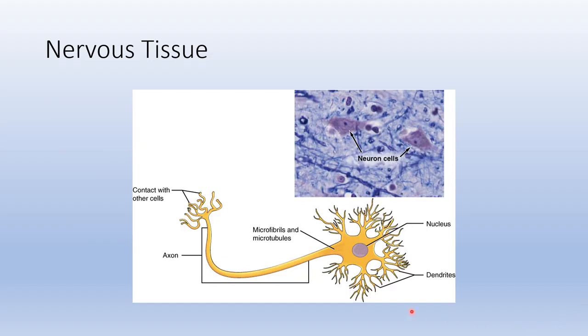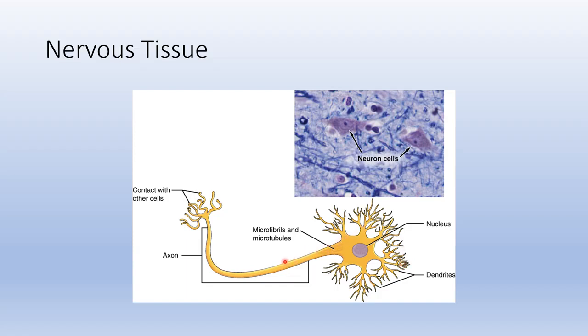And so on a neuron, the one that can generate the electrical impulse, this area here is known as the cell body. That is where the nucleus is and most of the organelles within the cell. You do have these extensions depending on the type of neuron. It will depend on how many extensions you have. The smaller ones are the dendrites. They're receiving the electrical impulse.